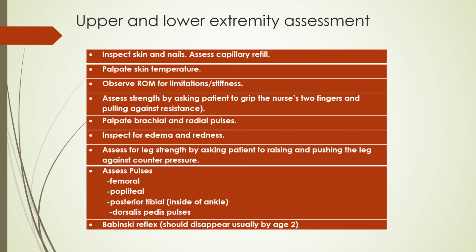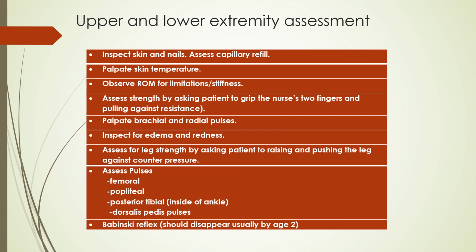A detailed upper and lower extremity assessment. Really look at these. We'll go more into detail on the demo in the lab. Note here the Babinski reflex should disappear by age 2, so a patient should not have a Babinski reflex. Again, we're talking about the adult patient, so there should not be a Babinski reflex.